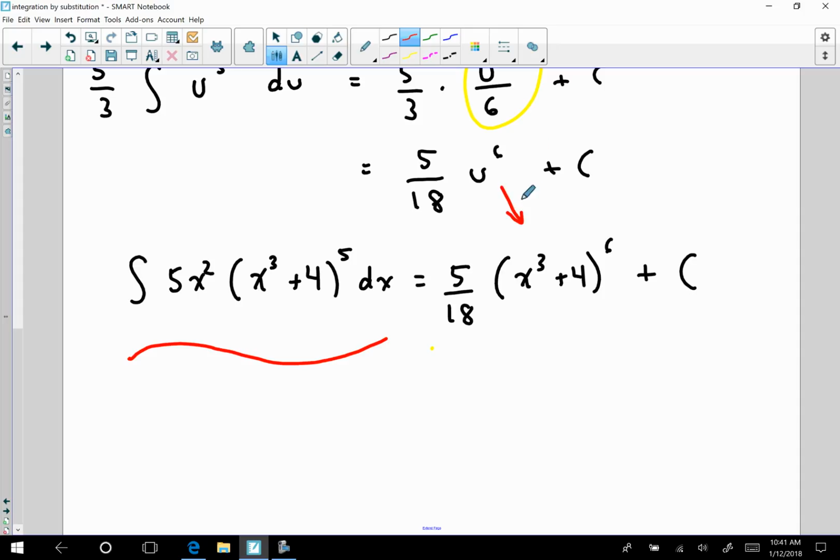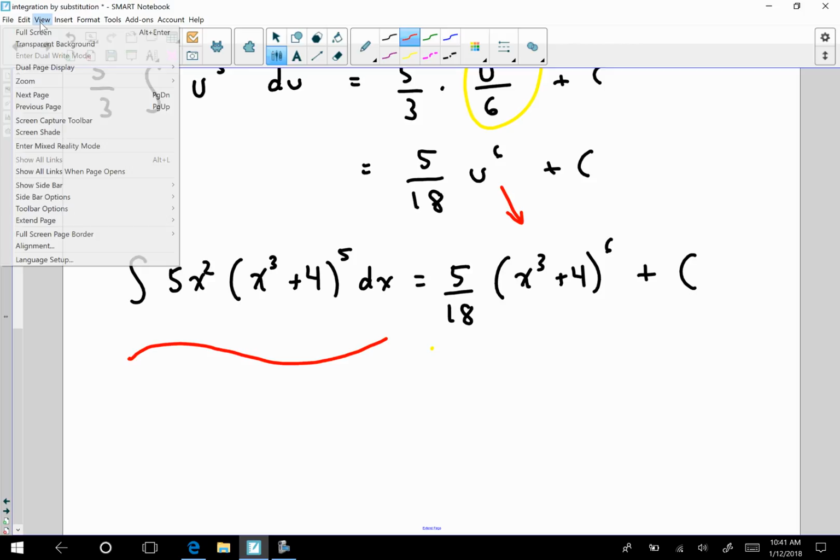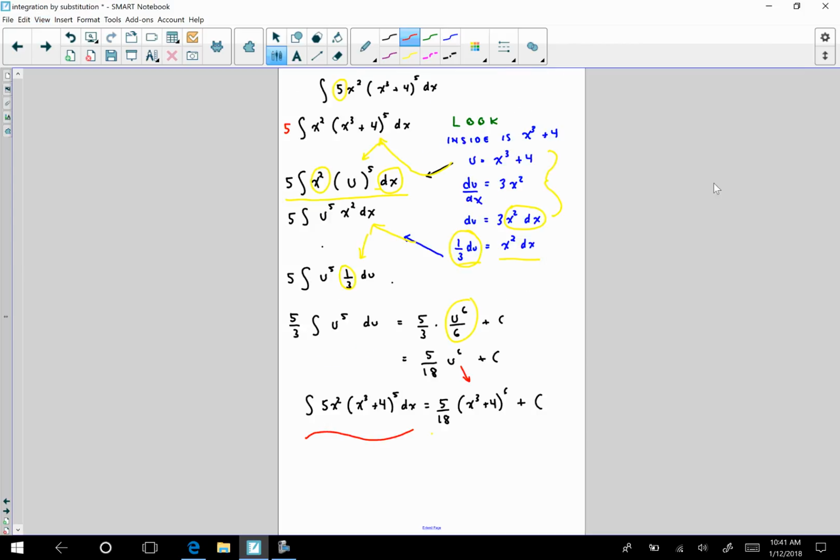No one said that this was going to be easy, and it is not easy. So what I've done here, I'm going to zoom in where we can see the whole page. I had this integration problem that was very difficult to do. It was actually impossible to do.